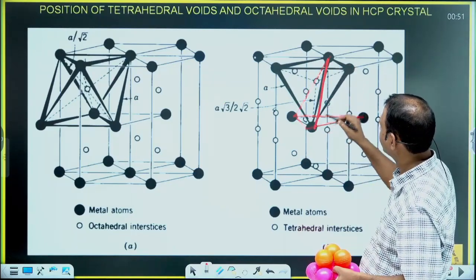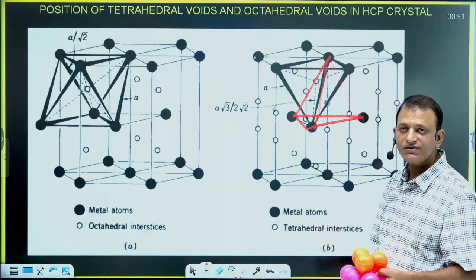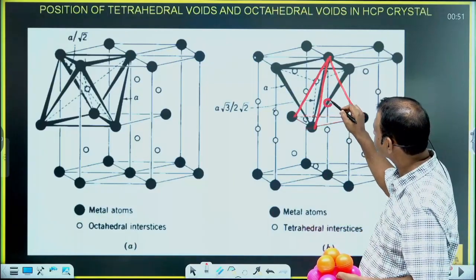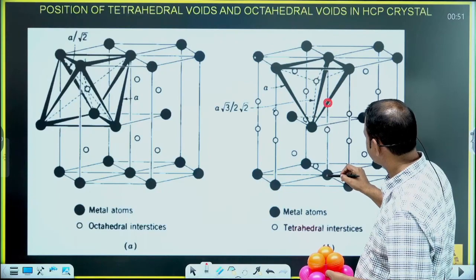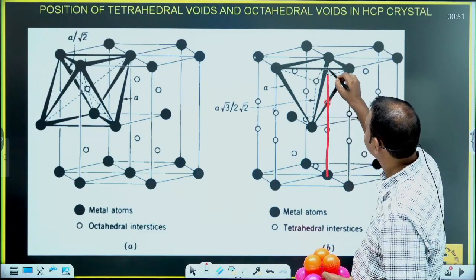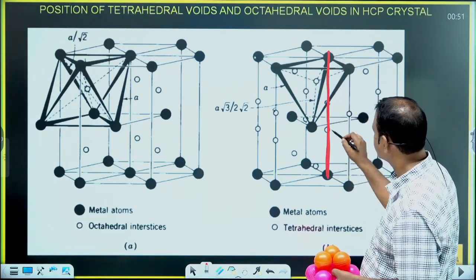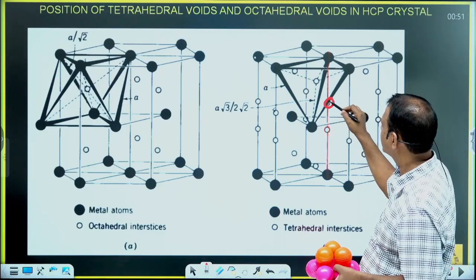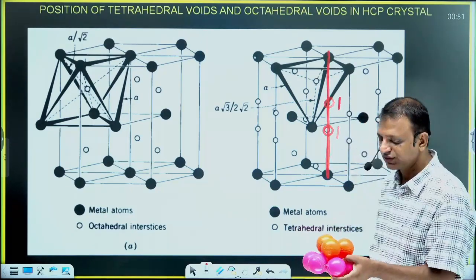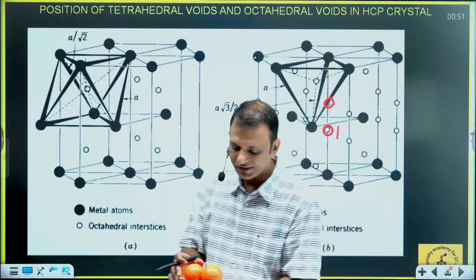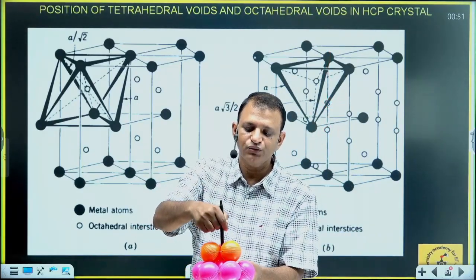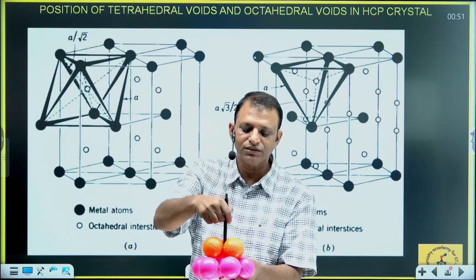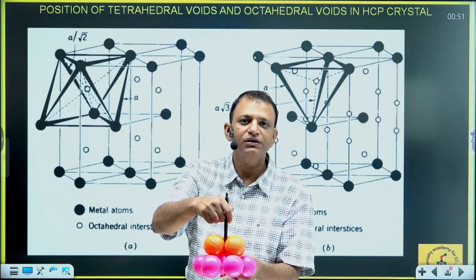If I combine, there is a formation of a regular tetrahedron and the center of this regular tetrahedron is a tetrahedral void. So what we are saying is that along the axis of this hexagonal prism there are two tetrahedral voids and their contribution is going to be 1. We have discussed this, right? One is here and one is above, right? So these are two tetrahedral voids along this axis of the hexagonal prism.